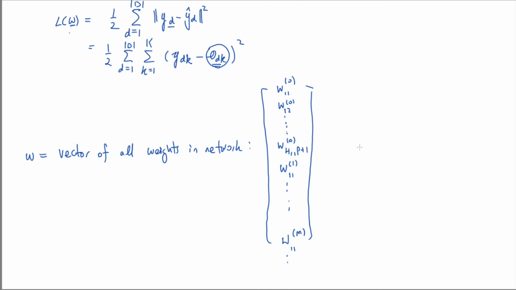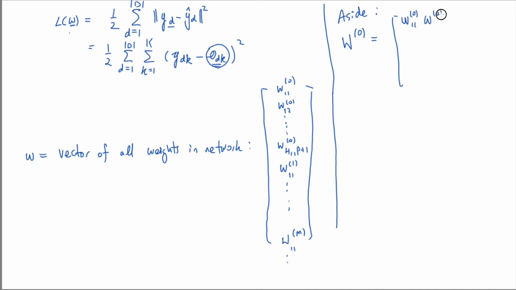At this point, I just want to mention something as an aside. You can think of building a matrix that combines the weights. For each layer, just put all the weights in a single matrix, right? So W0 could be the matrix of weights.